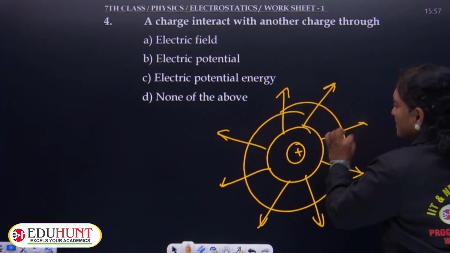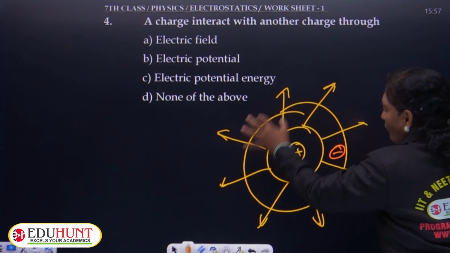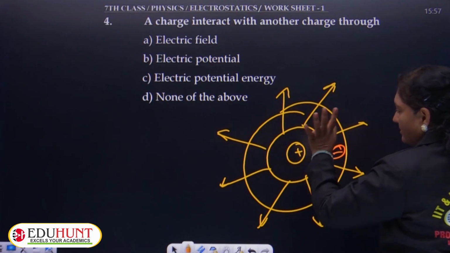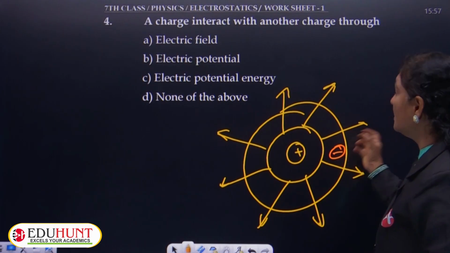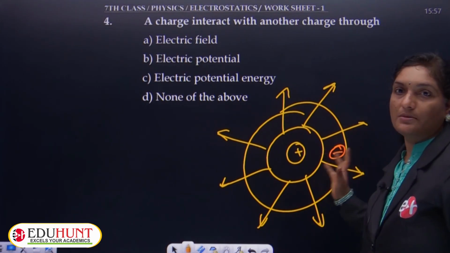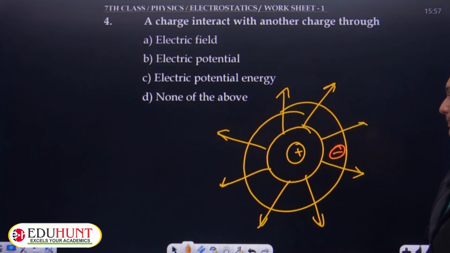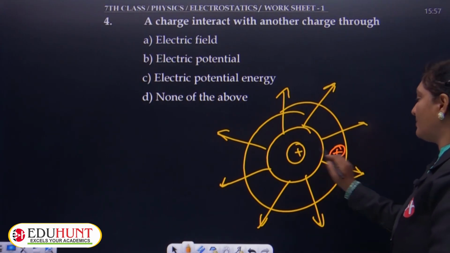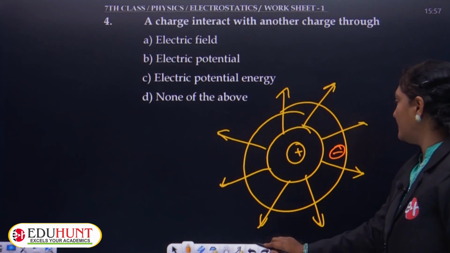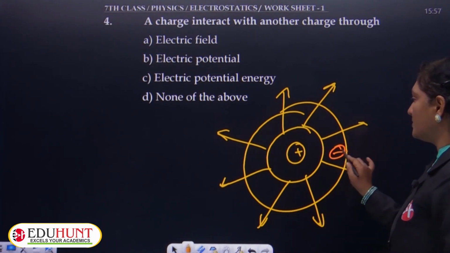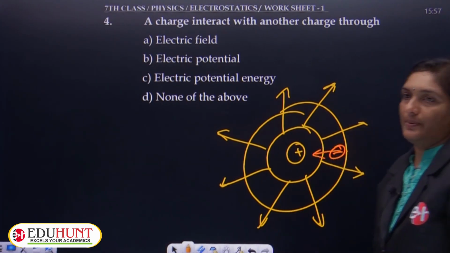whenever a charge is brought in the area of the electric field of the first charge, what happens? Some interaction may take place, maybe attraction or maybe repulsion. If it happens to be like charges, repulsion takes place. Similarly, if you bring an opposite charge, attraction takes place.